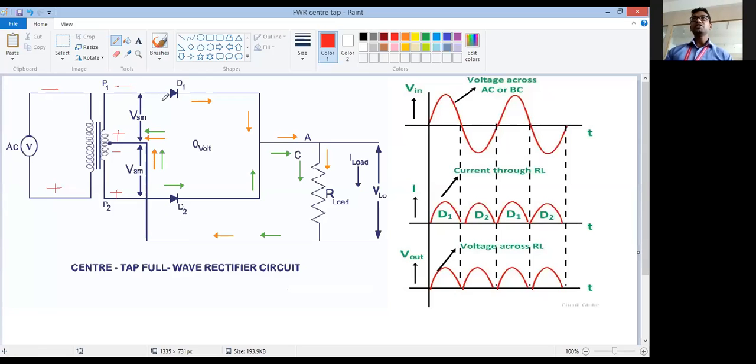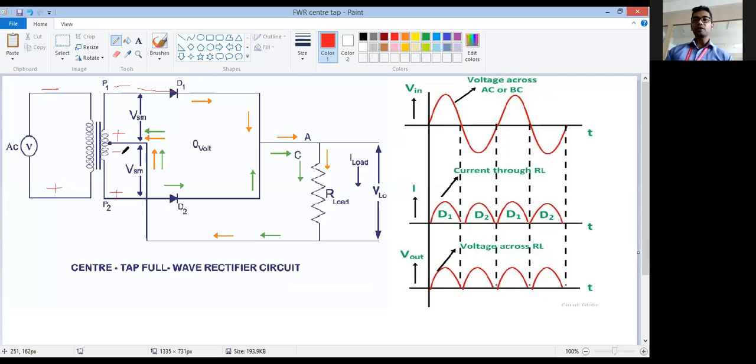So again, we will check the biasing condition of D1 and D2. It is very simple now. So see, again, this negative terminal of the battery is connected to diode D1, okay, and the positive terminal of the battery through RL is connected to N-type material. D1, this triangular part is P-type material. This N-type material is connected to the positive terminal of the battery. Consider this upper positive part.